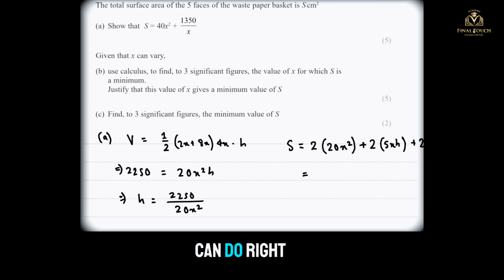So what we can do right now is write 40x squared, and we have 12xh. For the 40x squared, we can just input the h we found.